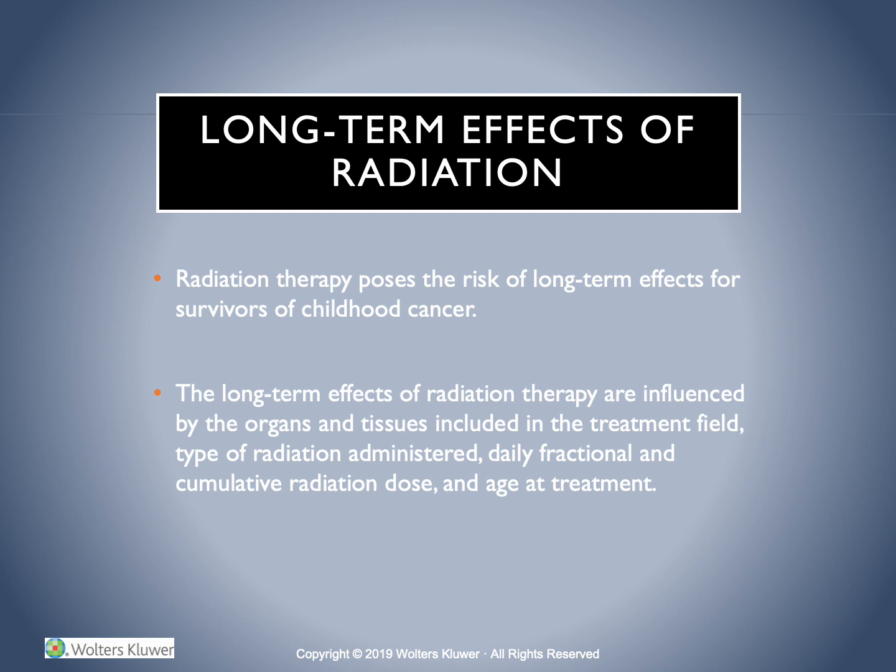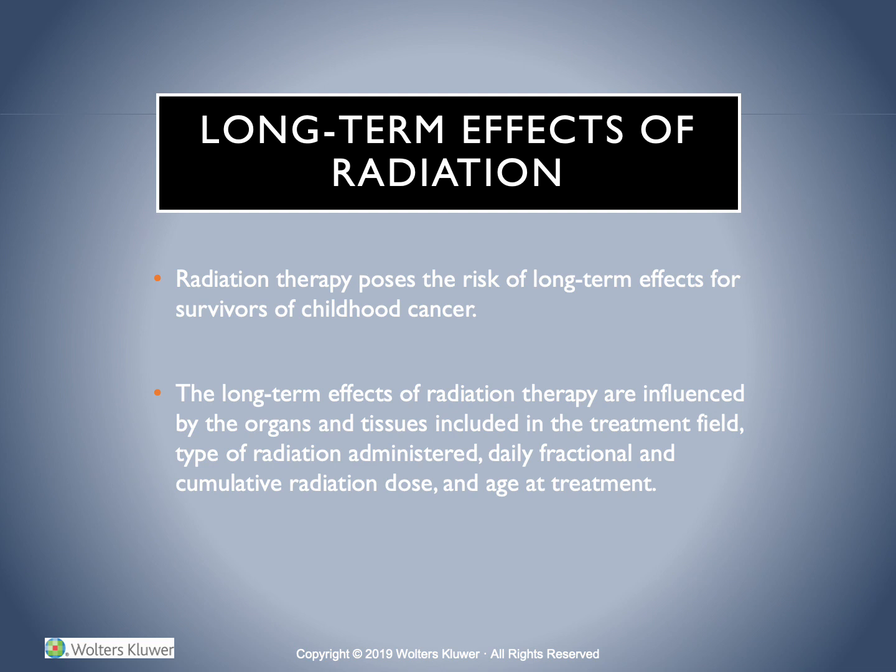Radiation can also impact the cognitive and neurocognitive system. Radiation has been shown to impact the brain and the cognitive function of children. It can lead to learning disabilities, memory problems, and a decreased IQ. It also can impact the endocrine system.